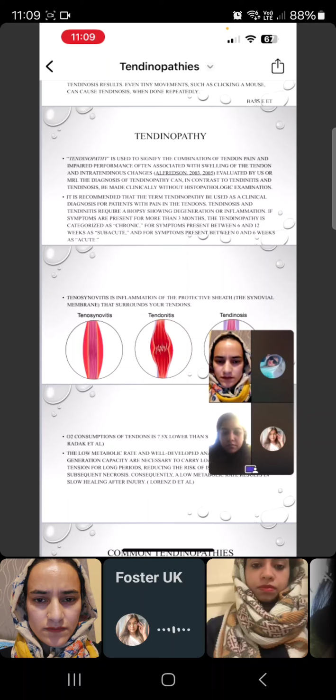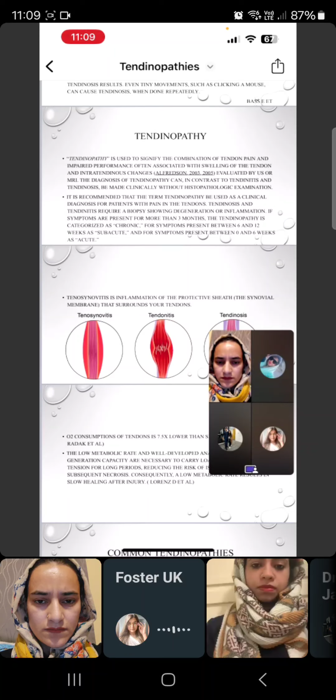The diagnosis of tendinopathy can, in contrast to tendinitis and tendinosis, be made clinically without histopathological examination, right? So diagnosing a tendinopathy is easier compared to tendinitis and tendinosis, because for those you would need some kind of imaging, like ultrasound or MRI, to confirm the changes or confirm the inflammation around the tendon.